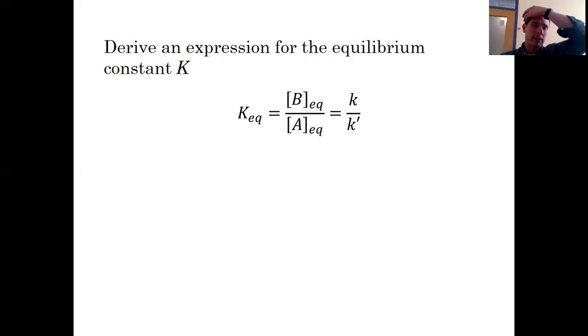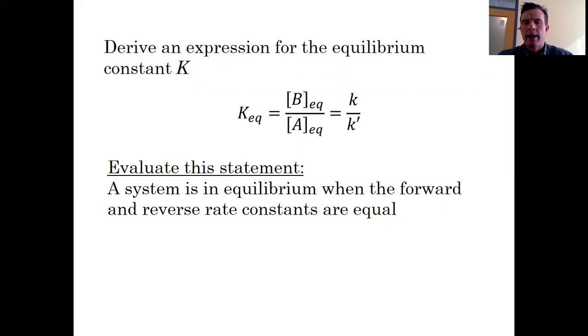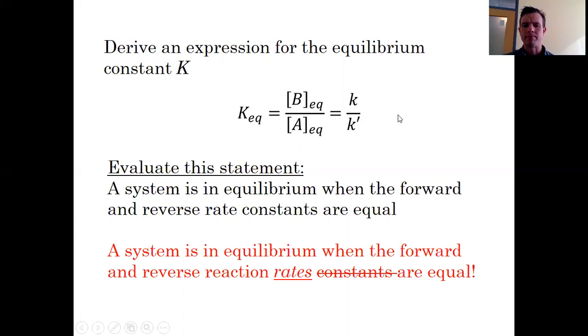This might be something that you've seen before in a general chemistry class. The language here is very specific. So evaluate this statement: a system is in equilibrium when forward and reverse rate constants are equal. If you think about that for a second, if those are equal, you get 1. It seems a little bit off. In fact, that's not right.